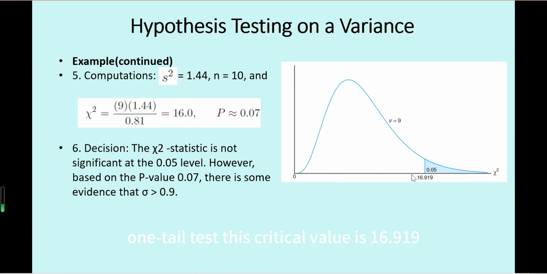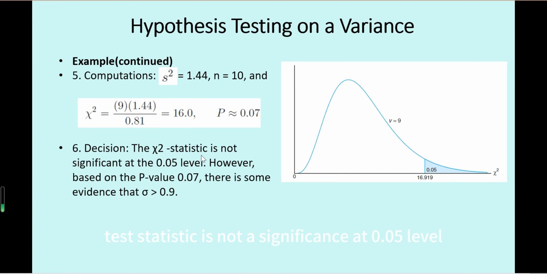The critical value is 16.919, and the sample test statistic is 16. It is located very close to this value on the left side, and the p-value is 0.07. So the test statistic may be here, and taking a vertical line, the area to the right is about 0.07.